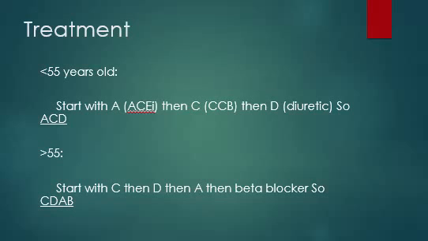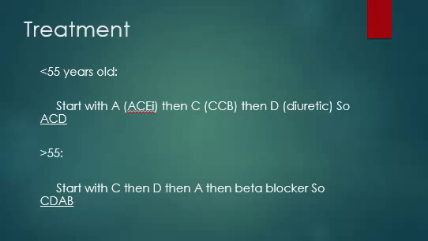And I forgot to put in here also that if they're black as well, or more than 55, then you use this regimen. The problem is that in those that are black, there's a risk of causing quite severe peripheral edema, and they don't tolerate the ACE inhibitors so well.